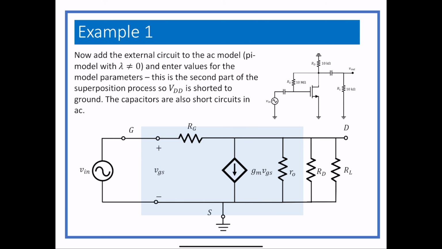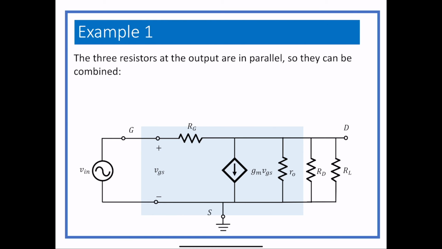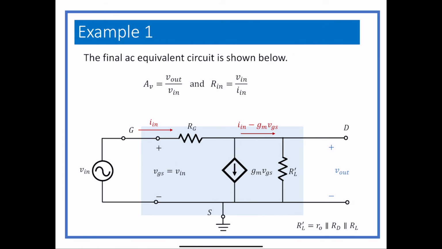I'm not going to put numbers in yet, though, because this is still a more general thing that we can do. First of all, the 3 resistors at the output are all in parallel. So to make this a little easier, we can combine them all into one resistor value that has RO in parallel with RD in parallel with RL. And I just call that RL prime because then we aren't going to have to write out all those parallel values.